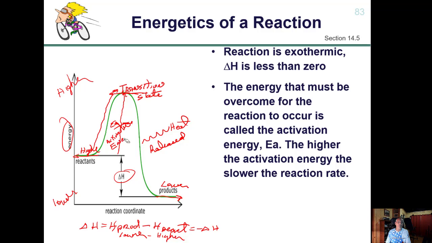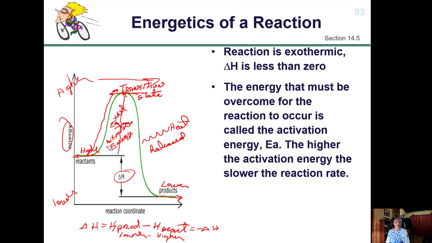You always have to put energy in to overcome that energy barrier to get to the transition state. And this is the activation energy specifically for the reaction in the forward direction. Reactions have directionality. They can go forwards and sometimes they can go backwards. We're going to talk about that as well.